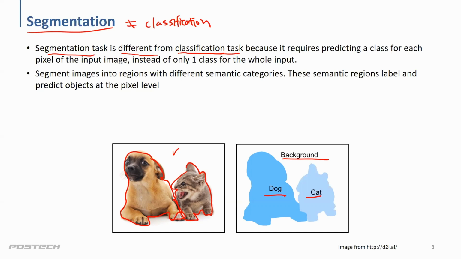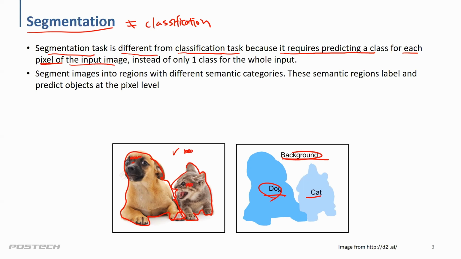We call it segmentation. What it does is require a predicted class for each pixel in the input image. What do you mean by that? These pixels are assigned to dog, and these pixels are assigned to background.